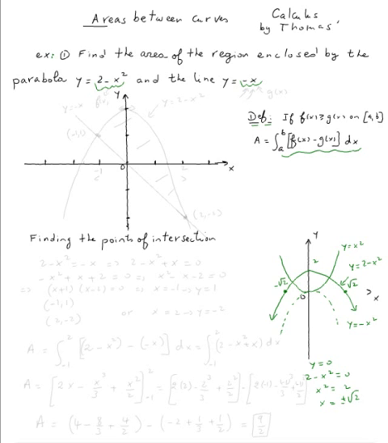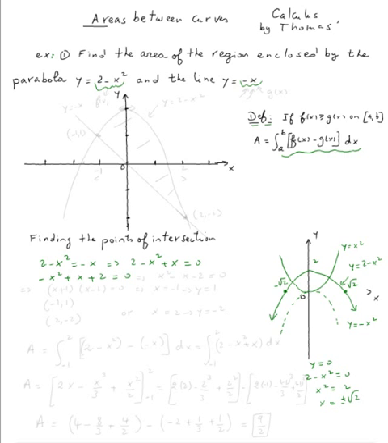We set 2 minus x squared equal negative x. How do we solve this? Move the negative x: 2 minus x squared plus x equals 0. You can use quadratic formula, or maybe we can factor it. So let me rewrite this as minus x squared plus x plus 2 equals 0.